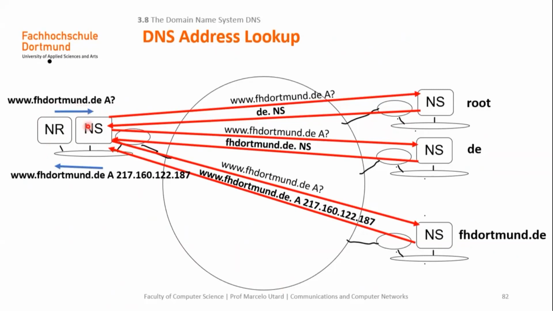Then after this query, this local cache name server will ask the root server about this information. That is, it would like to know the A record associated with this FQDN.